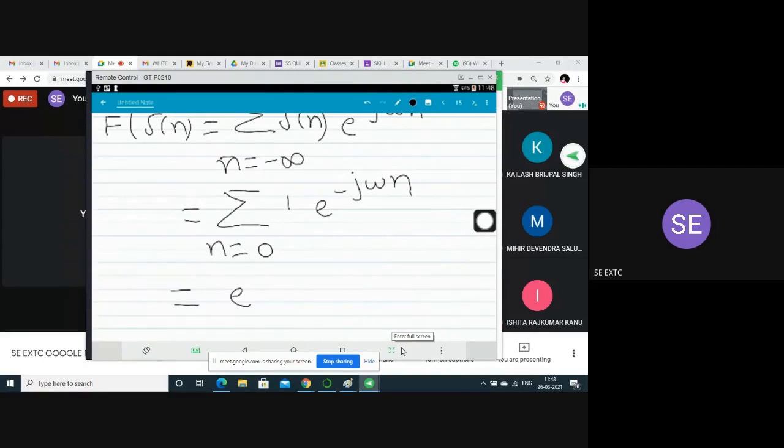So e to the power 0 will be equal to 1. So it is very easy to find the DTFT of the unit impulse function, and it is equal to 1.